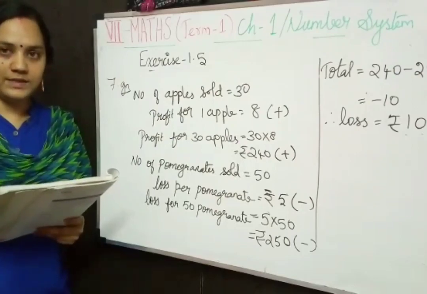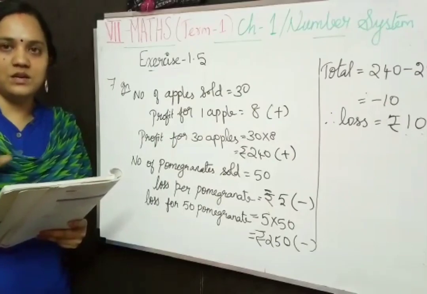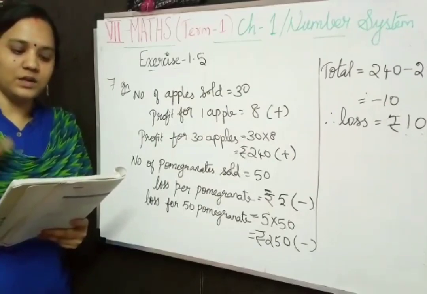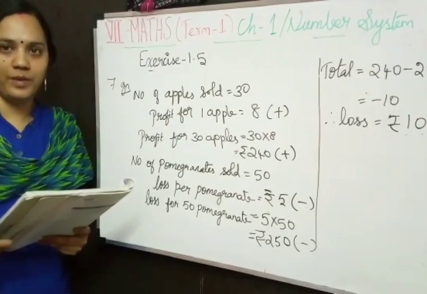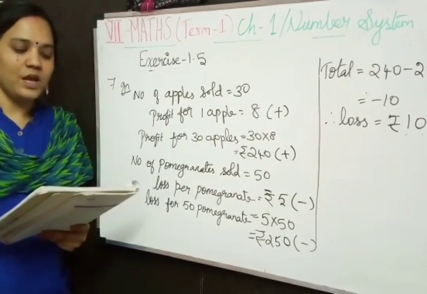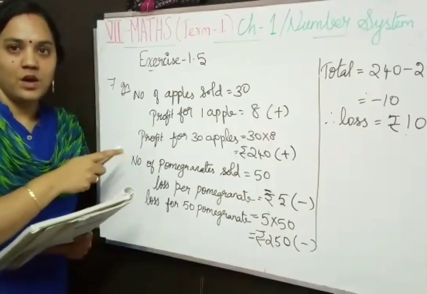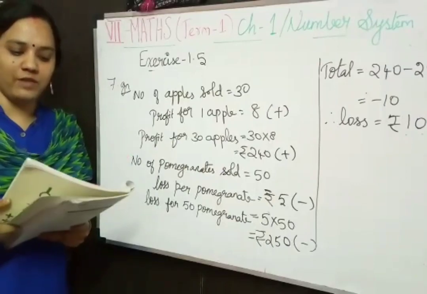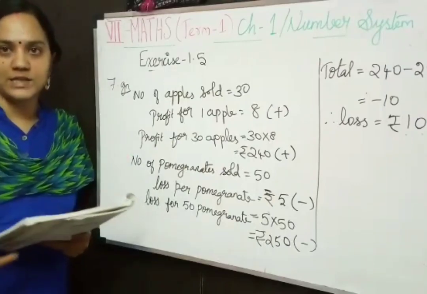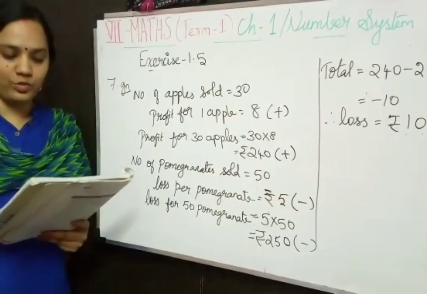Okay, what they are saying is, a fruit vendor, her name is Kamachi, she sells 30 apples and 50 pomegranates. 30 apples, 50 pomegranates sale பண்ணிருக்காங்க. ஒரு ஆப்பிளுக்கு profit 8 rupees, and loss 5 per pomegranate. Pomegranateக்கு lossல sell பண்ணிருக்காங்க. So per pomegranate she lost 5 rupees.